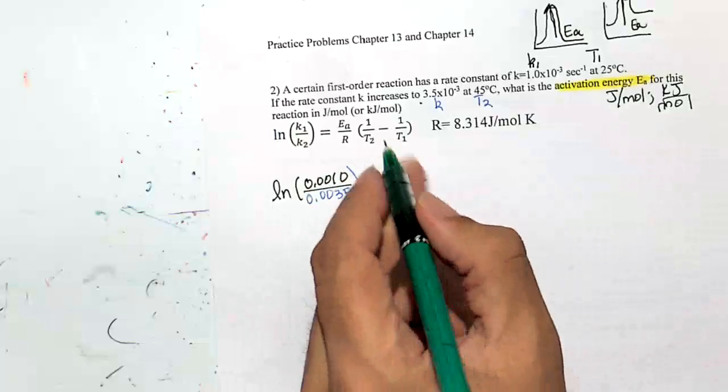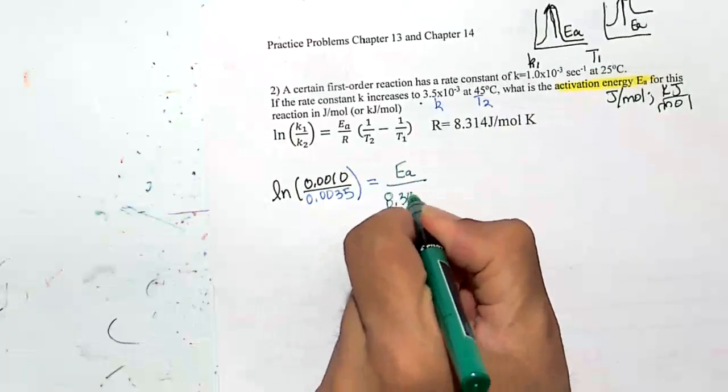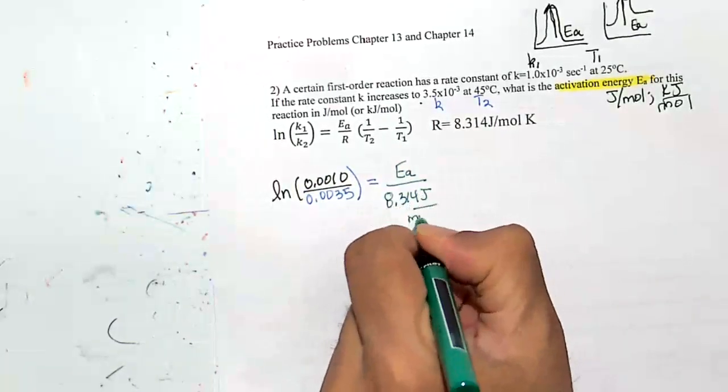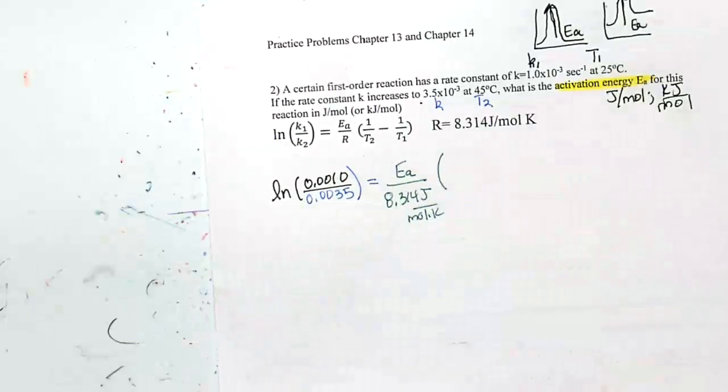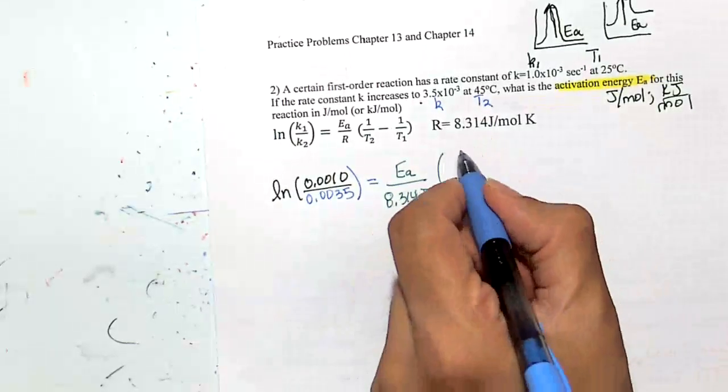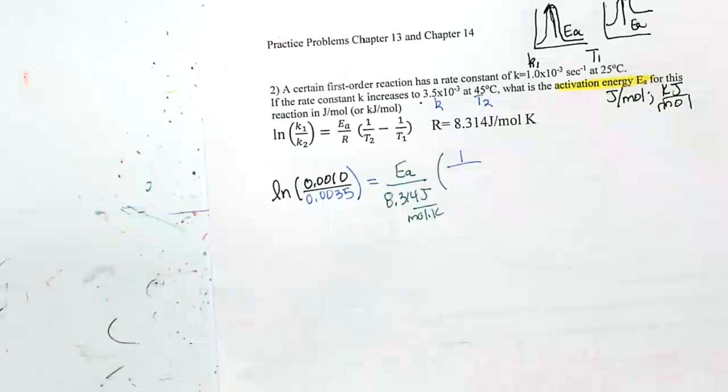So we want to solve for EA here. R is something I'll give you on the test, which is 8.314 joules over a mole Kelvin. Okay, 1 over T2 — we've got to convert it to Kelvin.